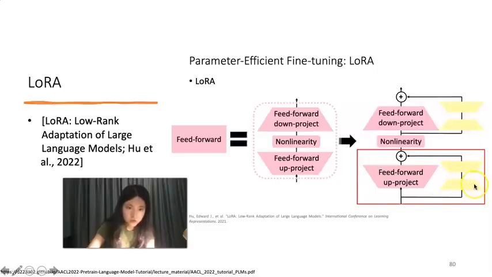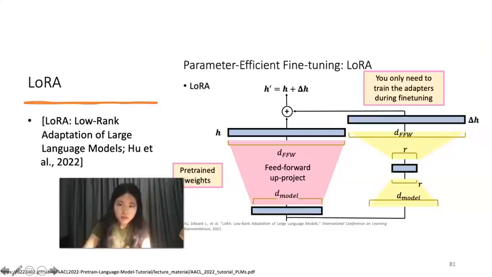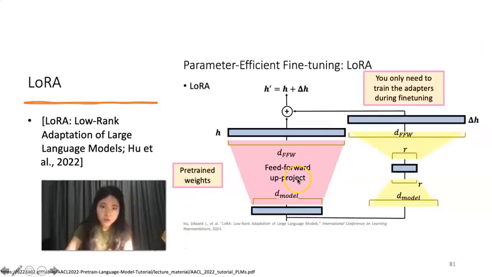This adapter will be added to your original pre-trained architecture. Essentially, in your fine-tuning, you will keep the pre-trained weights as they are, and you just train the adapter, that is the two little things here. Keep in mind that this rank, this dimension, will be lower than the dimension of your feed-forward or your model.